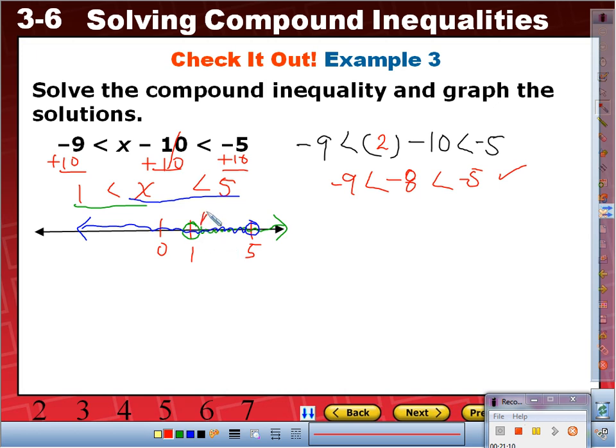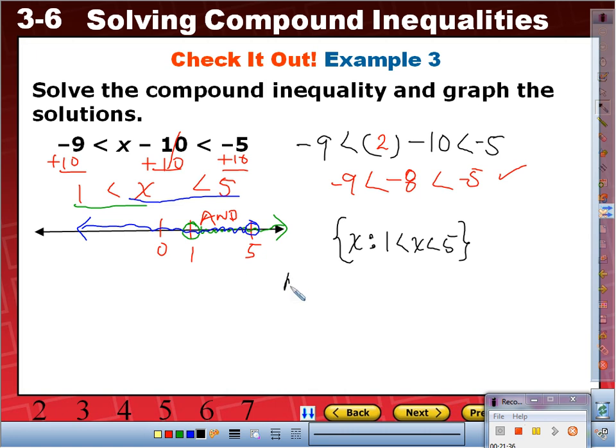Now I'm going to write up here "and", so I know that they intersected and it's an and compound inequality. From there, our set notation is the set of all x's, or real numbers x, such that, what is my inequality? 1 is less than x, which is less than 5. And what does that mean?